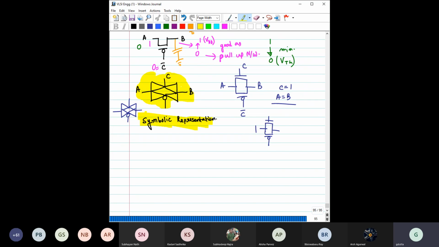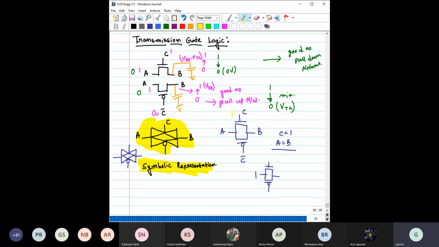Okay, so I hope this part is clear to you, why this transmission gate would be advantageous compared to the pass transistor logic.